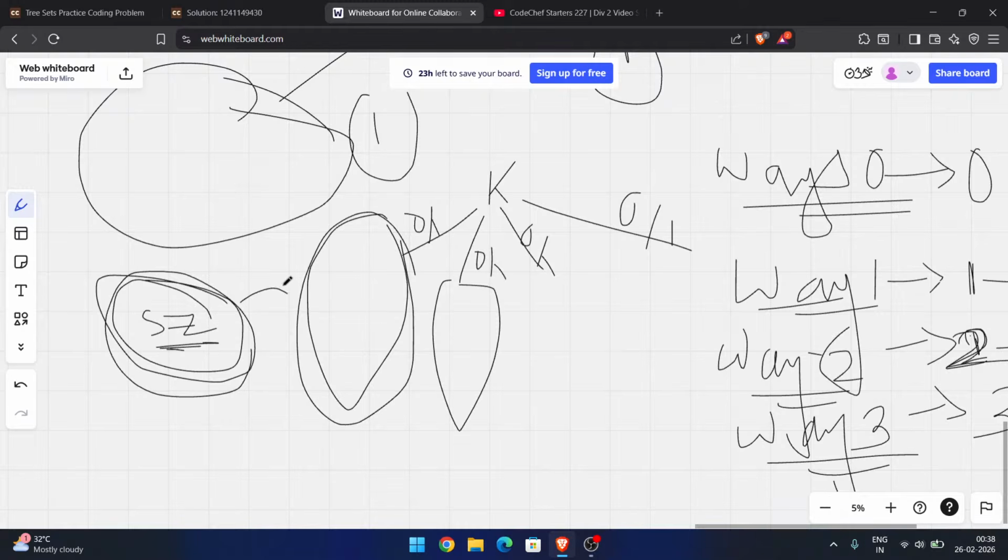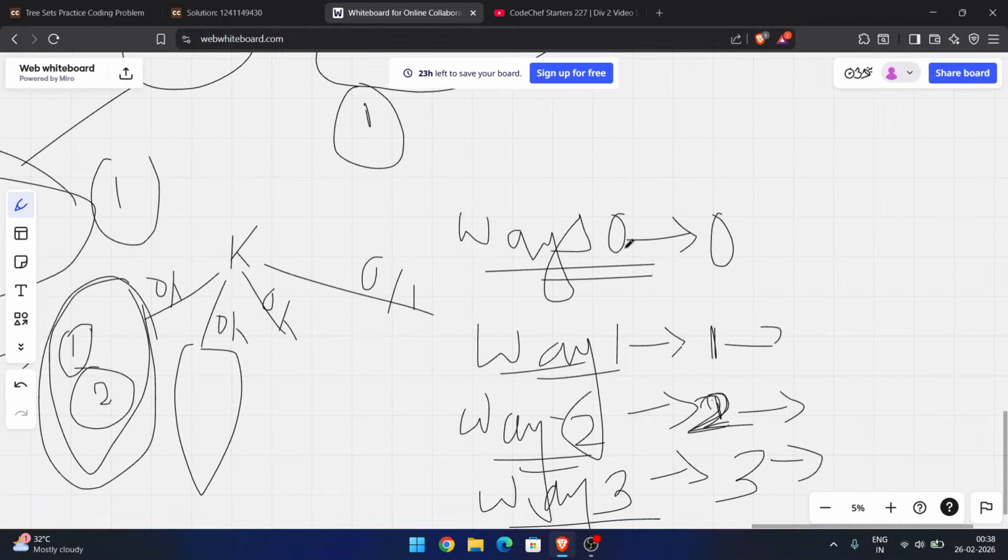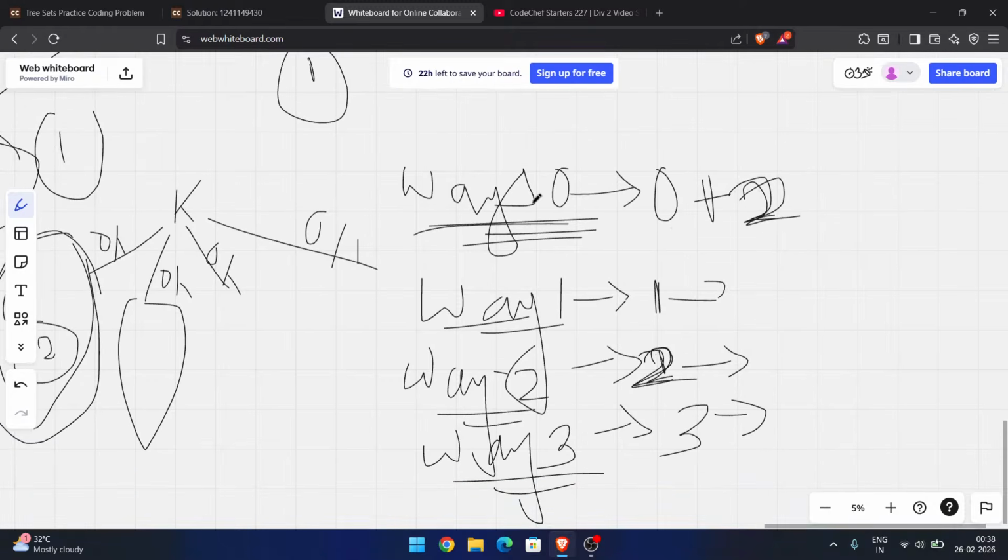Suppose there are two vertices in this branch. We can take any one of them, so there are two chances. Till now, if we have selected 0, then we can take. Now we would add that to our total. The number of ways to pick 0 would be 0 only. What would have changed?